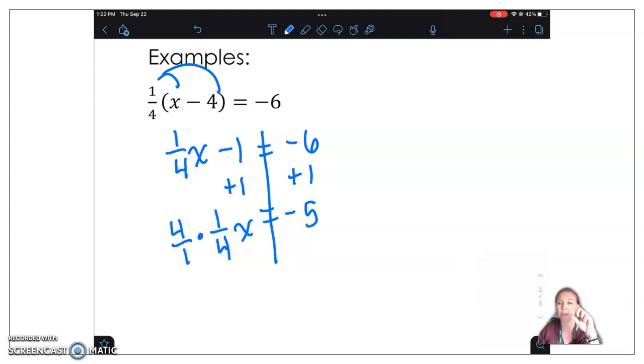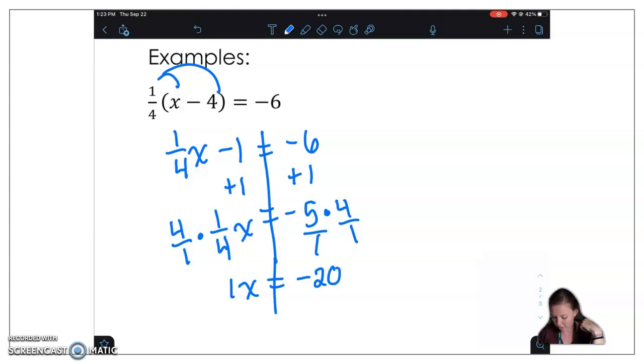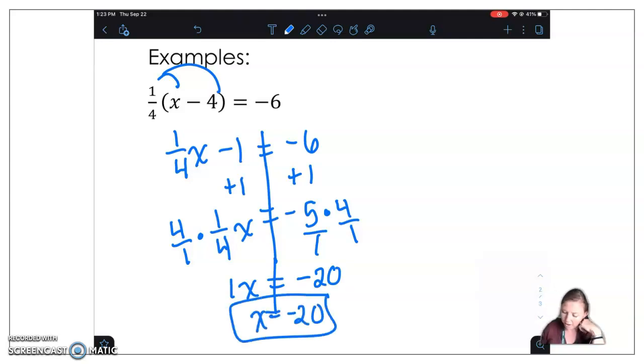The reciprocal, remember, is a fraction flipped upside down. That's going to be 4 over 4, which is 1x, or just x, equals -5 times 4, which is -20 over 1, or just -20. So our answer for this one is -20.